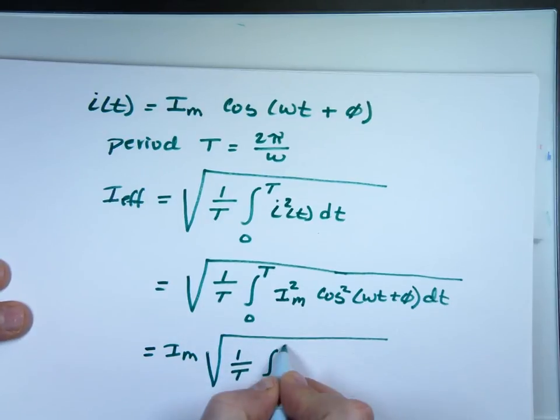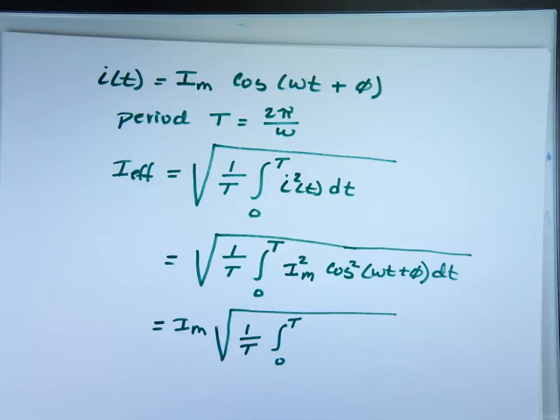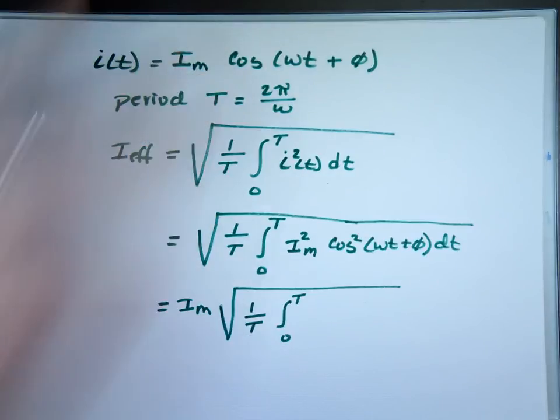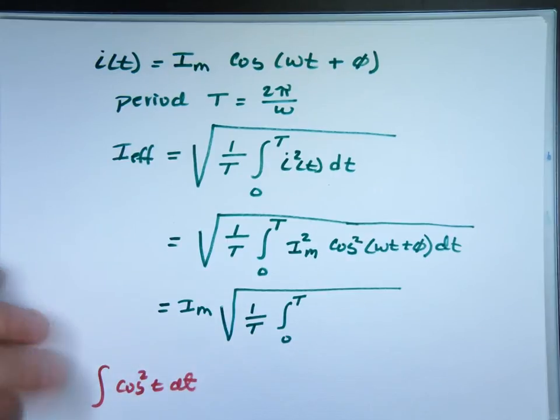And how do you integrate the cosine squared? Think about Calc 2. Ignore circuits. If I came to you and asked what the integral of cosine squared t dt is, what would you do?